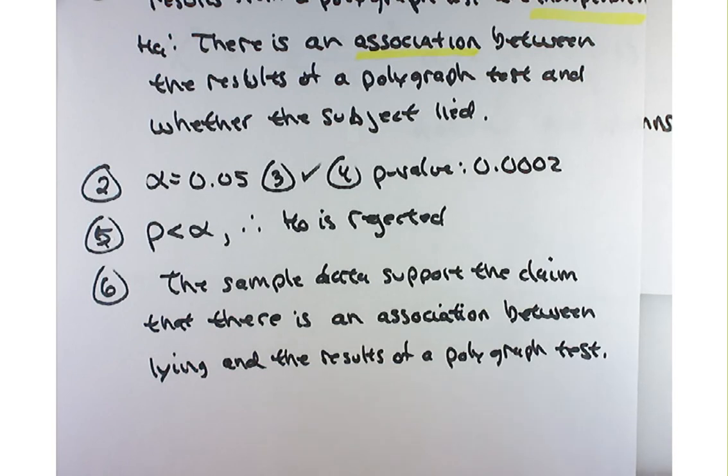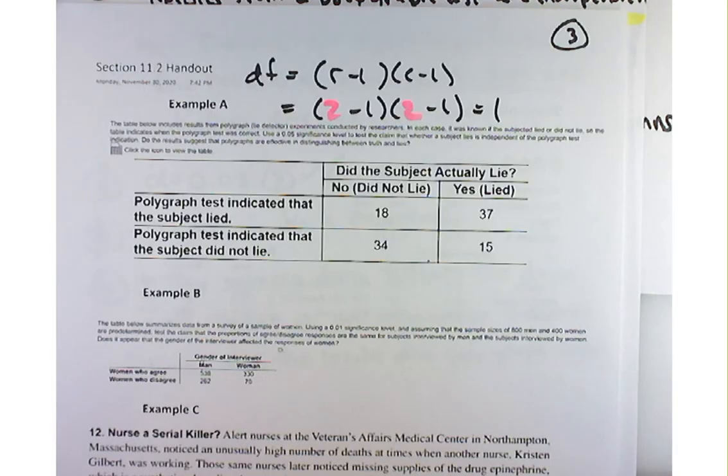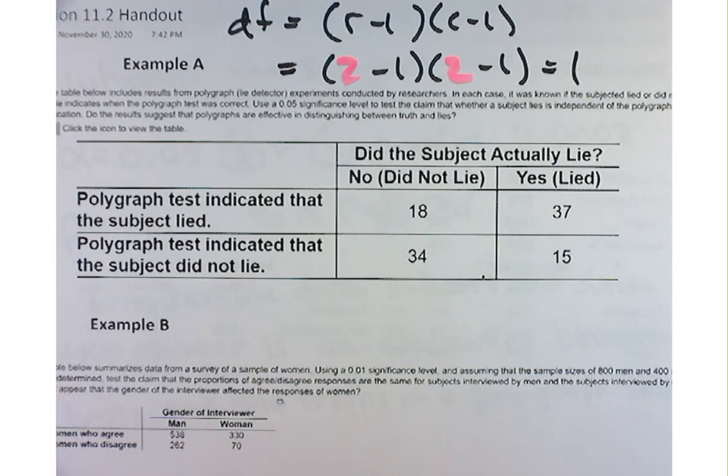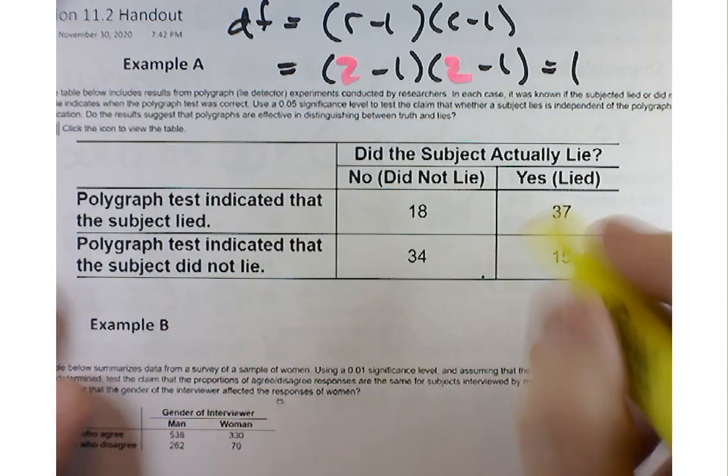Now it's tempting to say, oh, hey, we should use lie detectors then, right? Maybe, I mean, there's an association between these two. Well, let's look at this a little bit more carefully for just a minute. Can anyone tell me where the correct decisions are on this table? Which numbers represent a correct decision as far as the polygraph test is concerned? 37, sure.